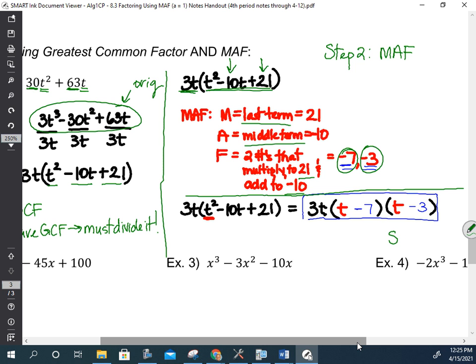Step 3, write the answer. So just like we did on the first page, take the problem and break it into two parentheses.